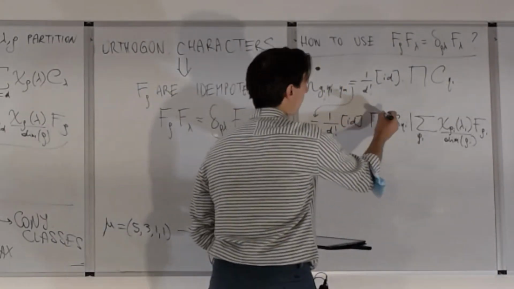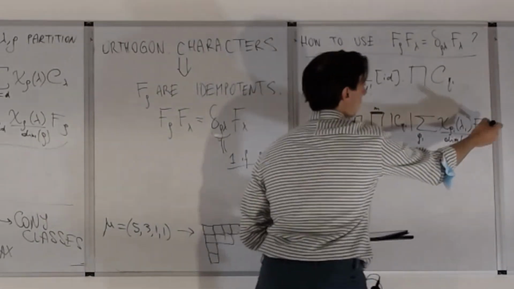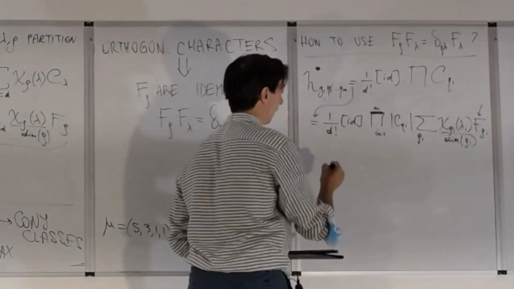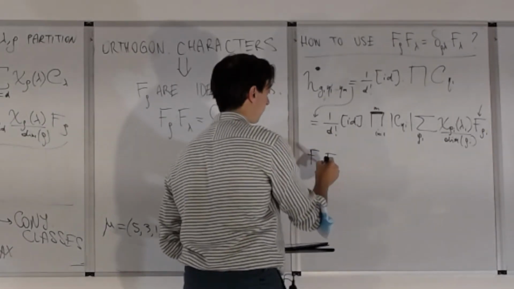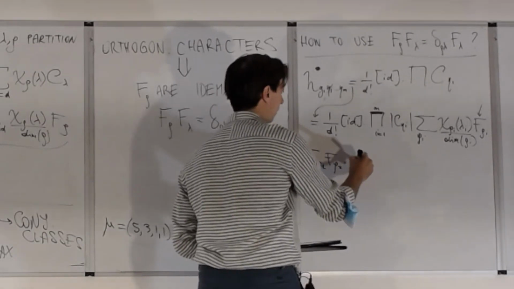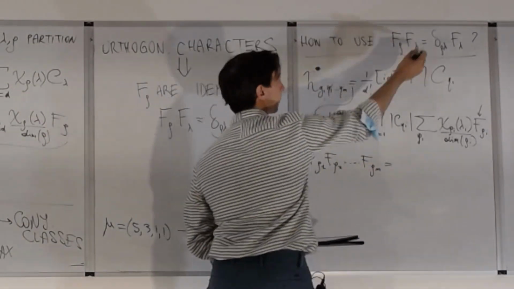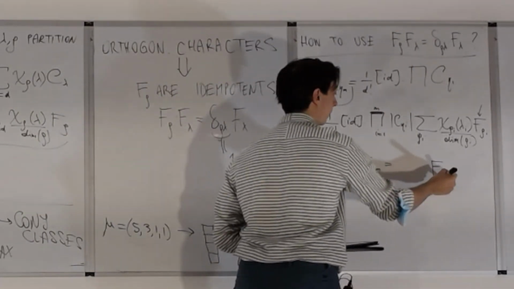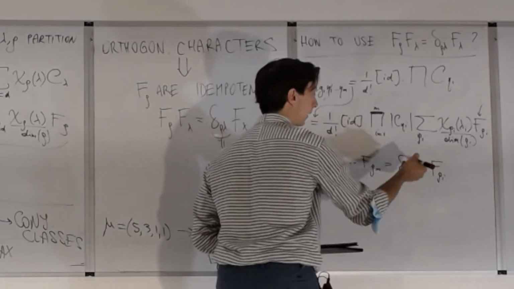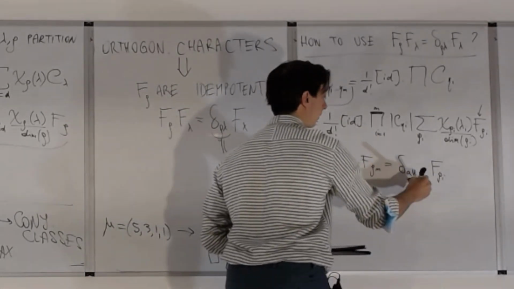I have product here from 1 to m, and here I have a lot of F. I have F rho 1, F rho 2, F rho m. But now these guys are idempotent, so they should be equal to just F rho 1. And here you have the Kronecker delta such that they're all equal, right?